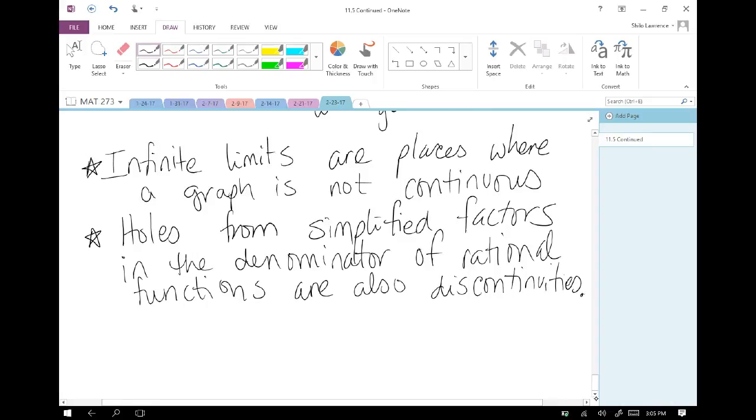And then also you need to take into account the domain. So the square root graph, I don't want to say it's continuous down at -3. It's not even defined down at -3. So you're always going to start with the domain and then work from there.